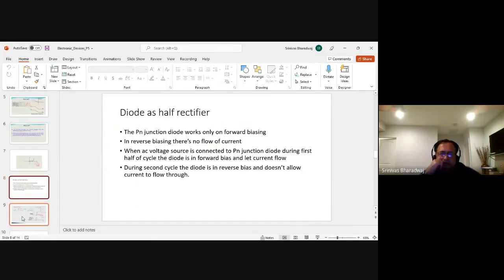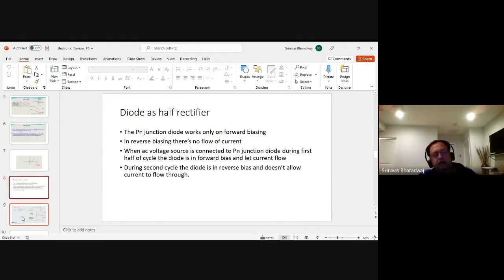Now when you reverse bias it, that means you connect the N side to the positive of the battery, right? When you reverse bias it, current does not flow. Now, an AC source is not like a battery with a positive and a negative terminal.